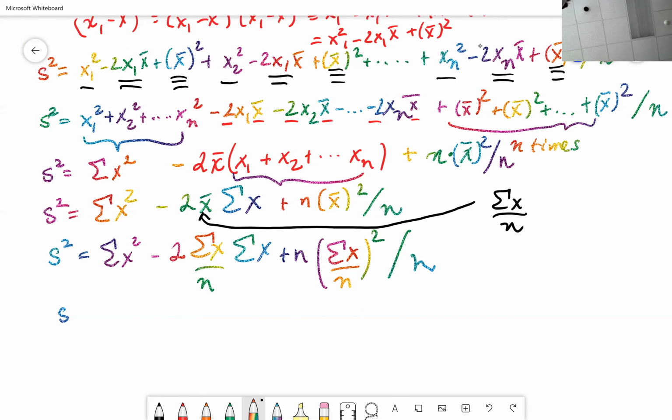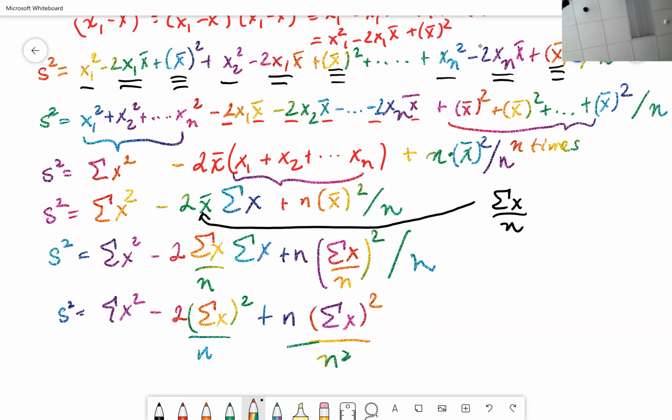All right, so take a look at s squared. S squared is the sum of x squared minus 2 times the sum of x times the sum of x, which will be sum of x squared divided by n, plus n times the sum of x squared divided by n squared, all divided by n.